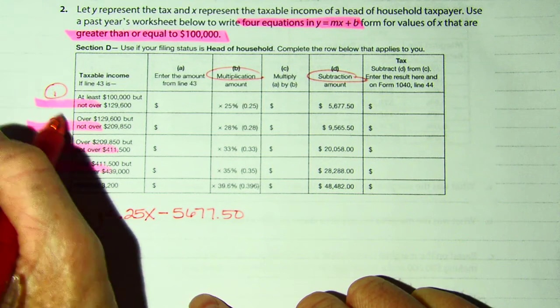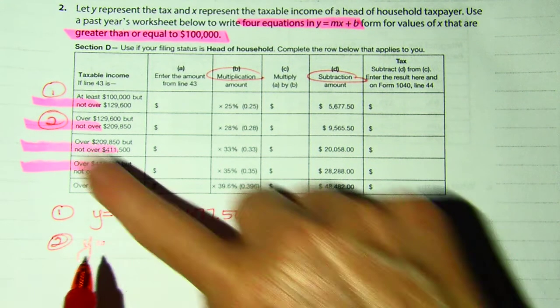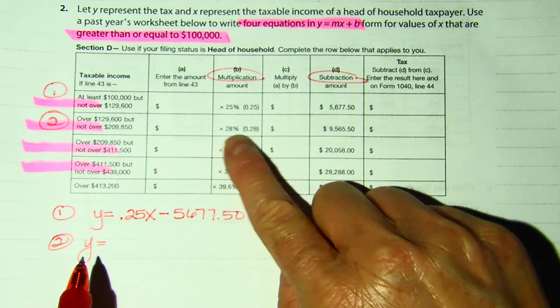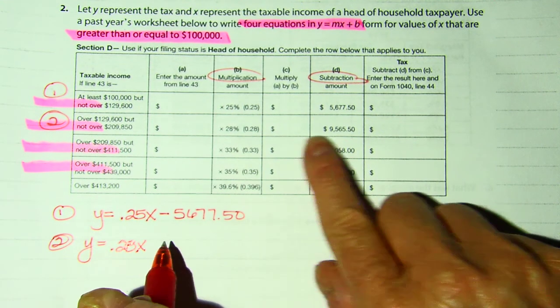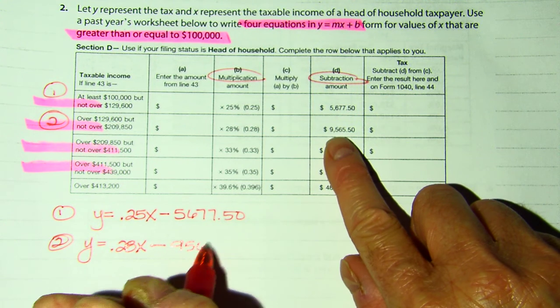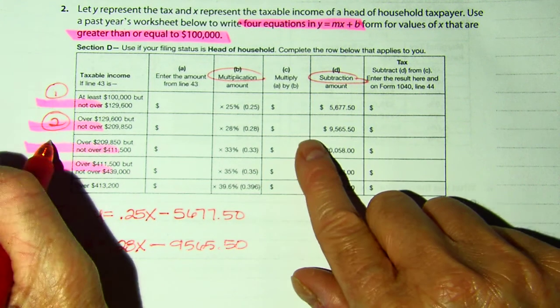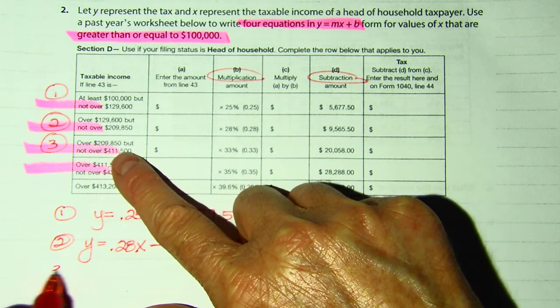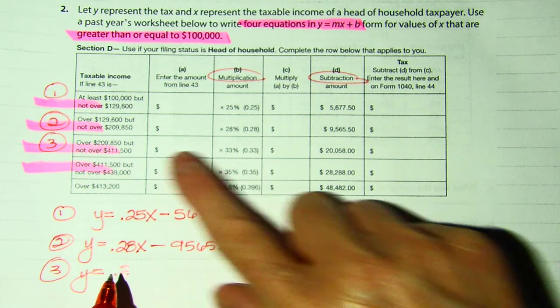So number 2, y equals, for this income level, I'm multiplying. So 0.28 times x. And I'm subtracting 95.6550. Next one. So y equals, I'm multiplying my income. Notice the more you make, the more they tax.